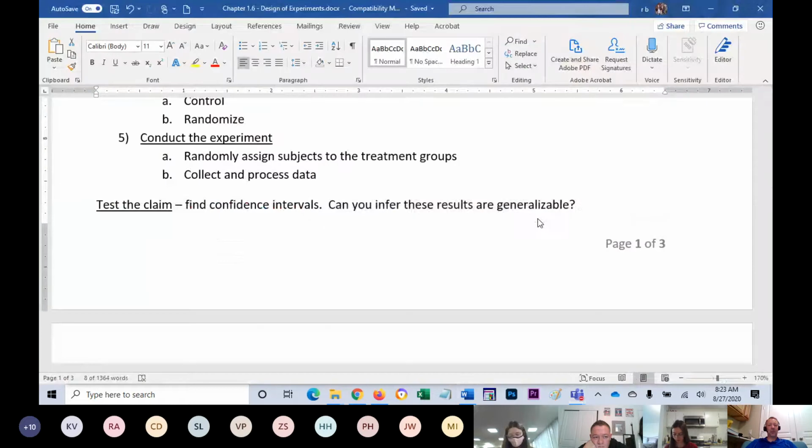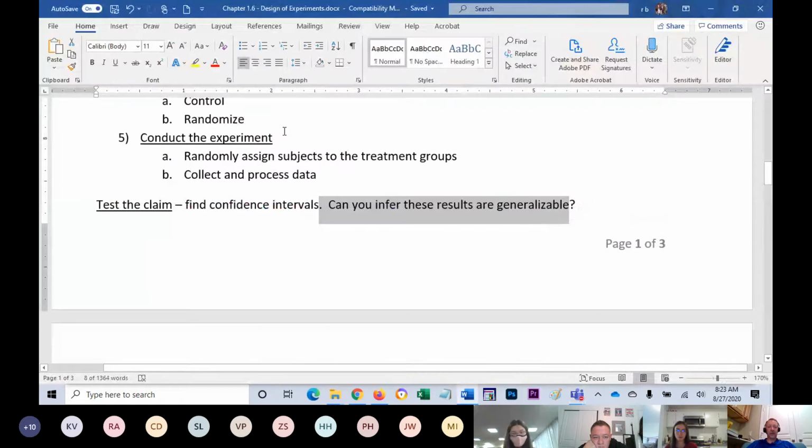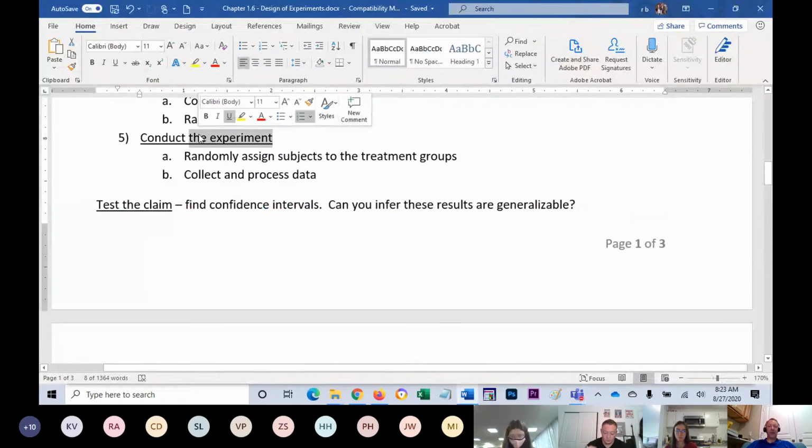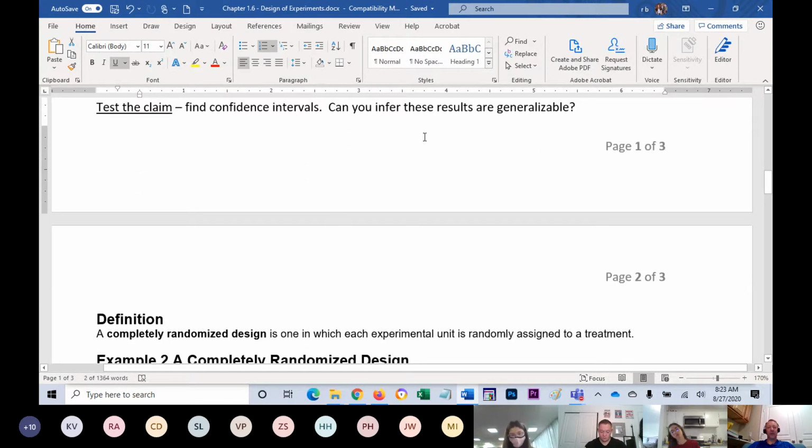And so that's one of the problems with experiments: quite often we put them in artificial environments, and so when we put them in the real world, they might not perform the same way. And so they might not be as generalizable.